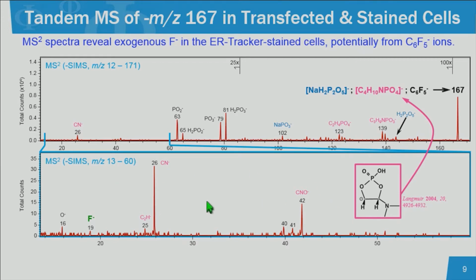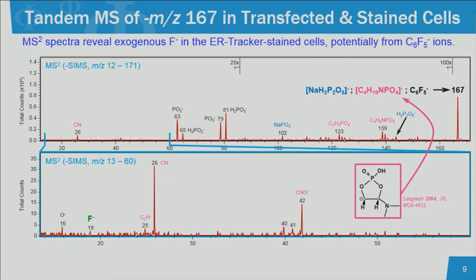And what we were able to do from the tandem MS data is identify 3 different components that are present. I should mention that our precursor selection window is monoisotopic, it's 1 Dalton wide, and our collisional activation is at 1.55 keV, kiloelectron volts.